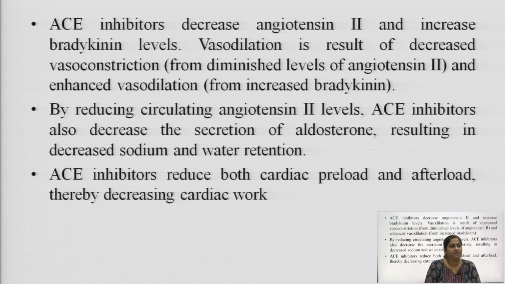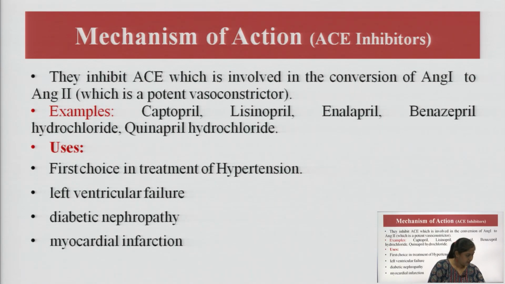So, ACE inhibitors reduce the cardiac preload and afterload, thereby decreasing the cardiac work. Then comes the mechanism of action of ACE inhibitors. They inhibit ACE, which is involved in the conversion of angiotensin 1 into angiotensin 2. ACE helps in the vasoconstriction.